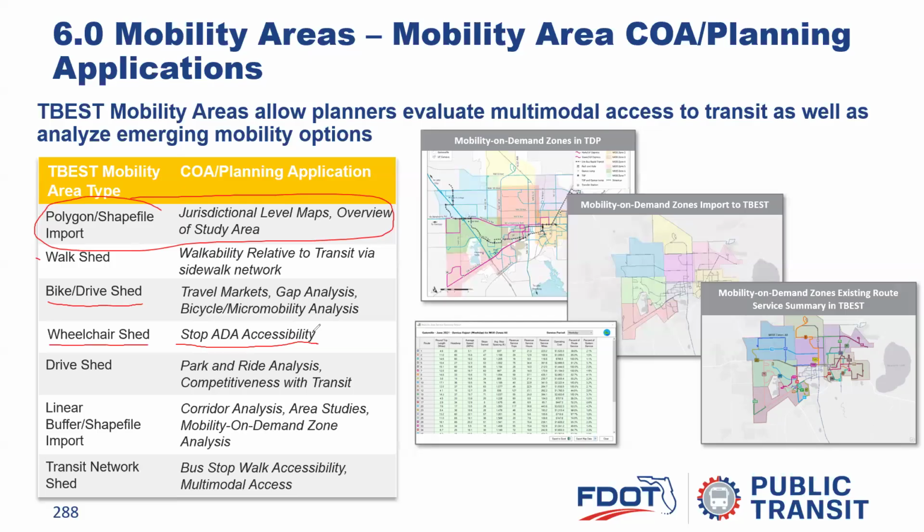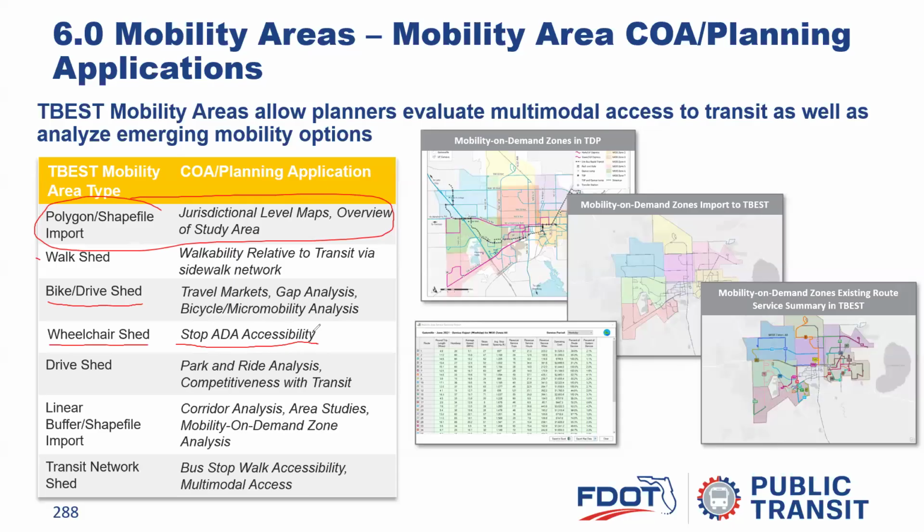The wheelchair shed in TBEST is more of what is the slope of the area, and if you're in a wheelchair, is it too steep for you to operate effectively? Do you have barriers in place to getting around in a wheelchair? Things like that, where it's not as detailed as you would have in ADA compliance, but it certainly is something where you have at least a screening of your ADA accessibility around a stop.